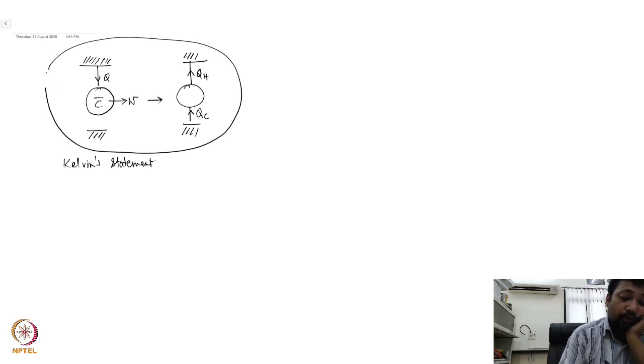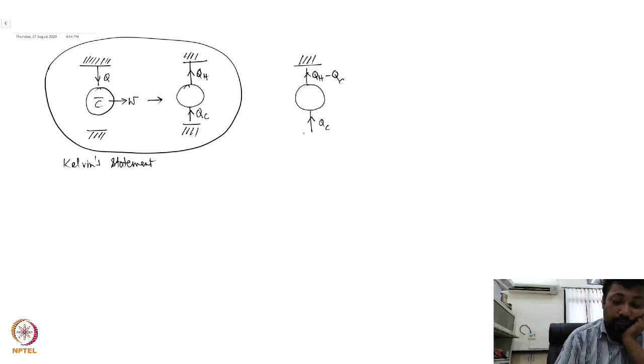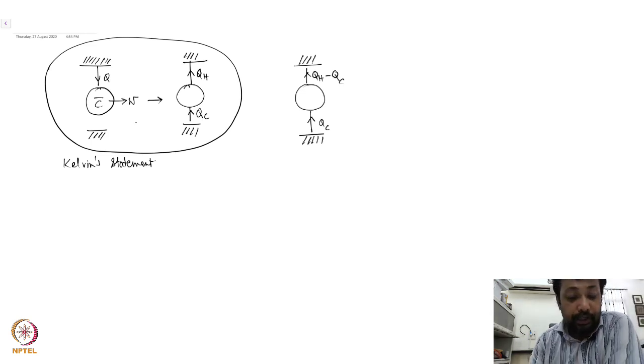Now let's look at this whole thing together. If I look at this whole thing together, then you realize that I have QH minus Q. So I have a machine in which there's a flow of heat from the cold reservoir to the hot reservoir without any external work being done.